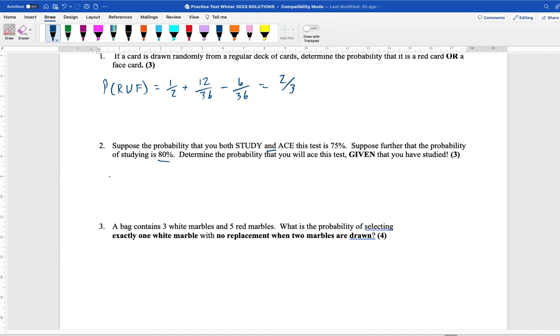Okay, so probability of ace given you studied equals the probability you ace and study divided by the probability of you studying, which equals 0.75 divided by 0.8. So it's 0.94 or 94% chance you ace.